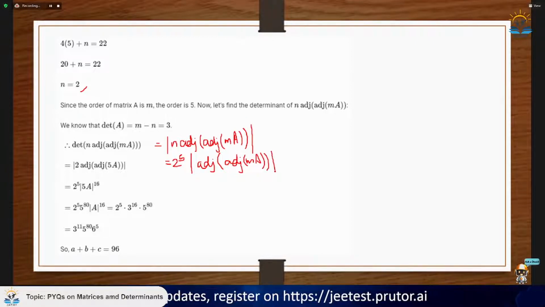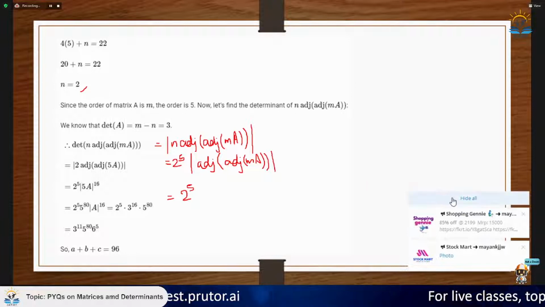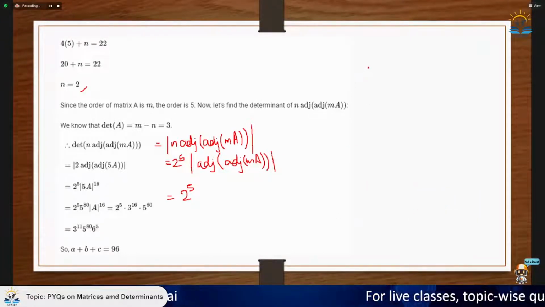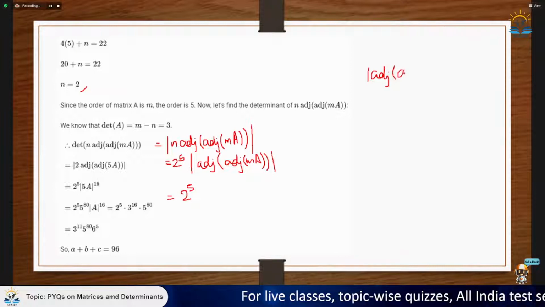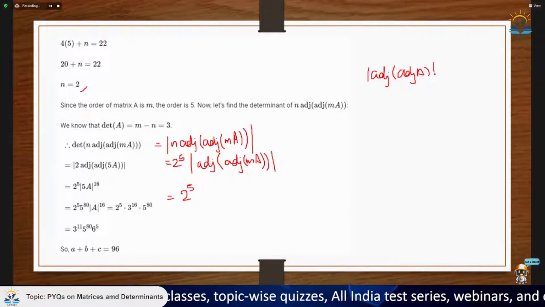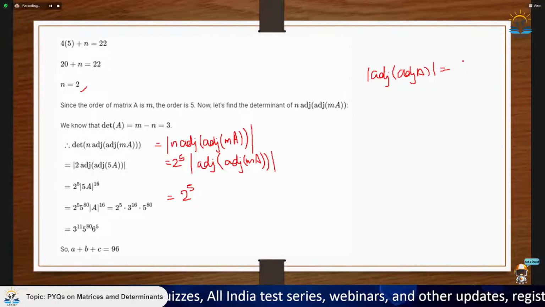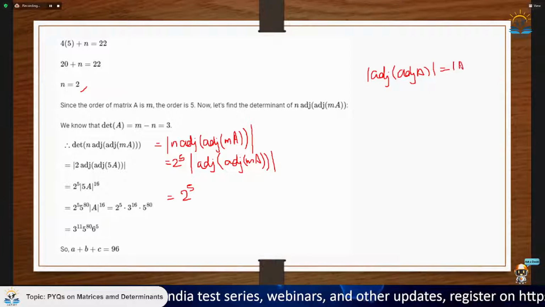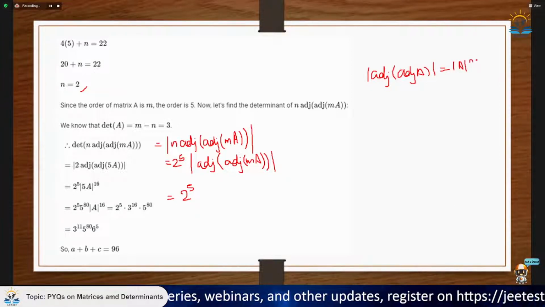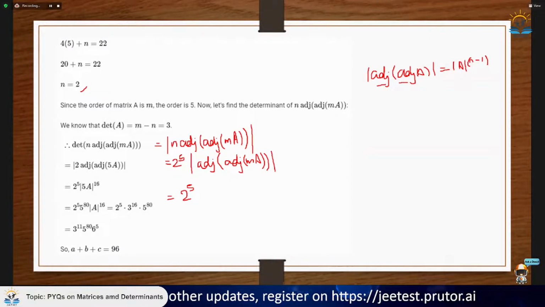Now we will use the property of determinant. Firstly, let this 2 to the power 5 stay as it is, and then we know that the determinant of adjoint of adjoint of A is equal to this A to the power (n minus 1) to the power of however many adjoints are written. Since here two adjoints are written, it is (n minus 1) power 2.